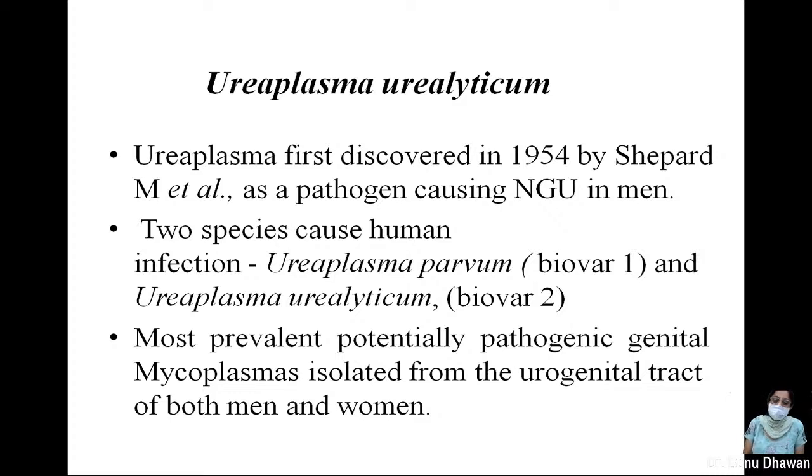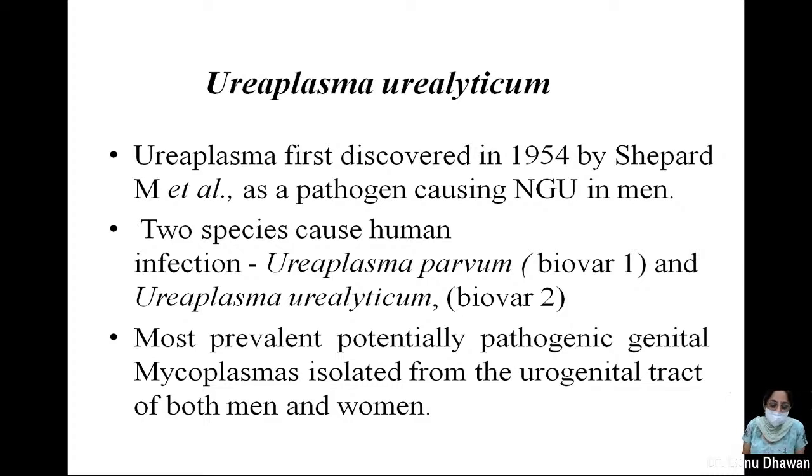Then the first organism you must think of in your list is Chlamydia trachomatis, followed by the mycoplasmas. In fact, we now have a term not just NGU, but NGNCU, which means non-gonococcal, non-chlamydial urethritis. So if you have a case of urethritis in which you have excluded gonococcal infection and Chlamydia trachomatis infection, then you think of the mycoplasmas.